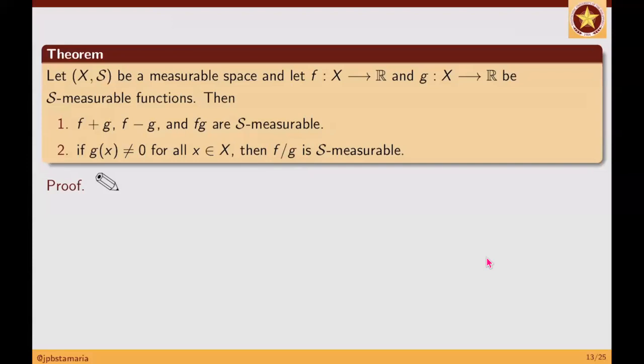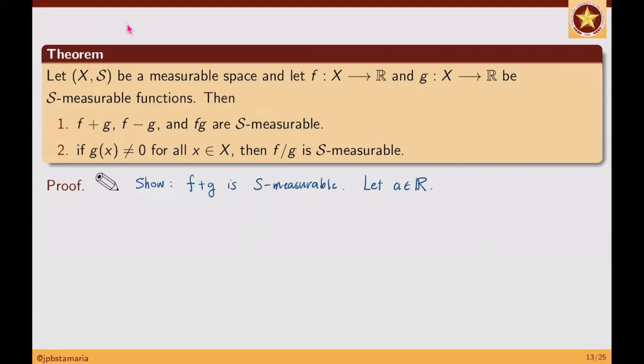Paano ba ito? Wala palang proof ito, so I need to write. Papakita natin si f plus g is measurable. Babalikan natin yung definition, or you may want to use the theorem if you want. Ang gagamitin ko yung interval from a to infinity. So, I will write: let a be a real number.